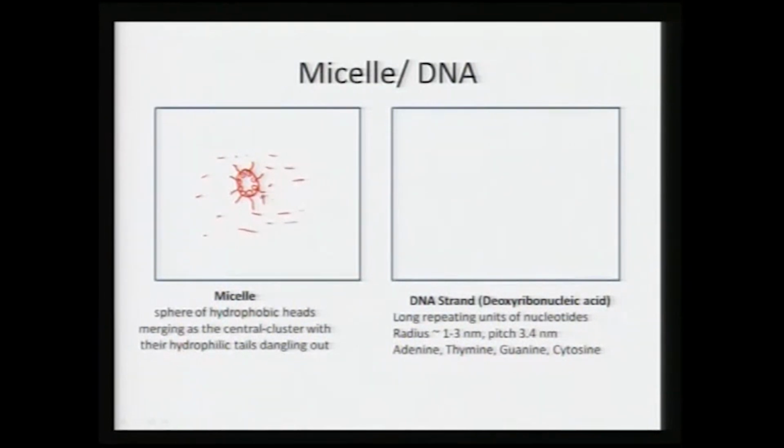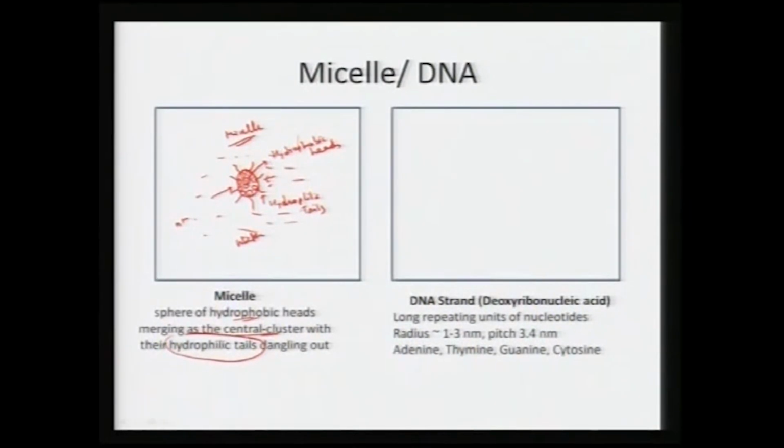So, these are hydrophilic tails, and they are clustering together with the hydrophobic heads. So, this is nothing but a micelle structure. The central cluster is a hydrophobic head, whereas the tails are hydrophilic, dangling out of this globular structure, and this structure can again be nanometer in diameter. So, that is what gives rise to a nanostructure.